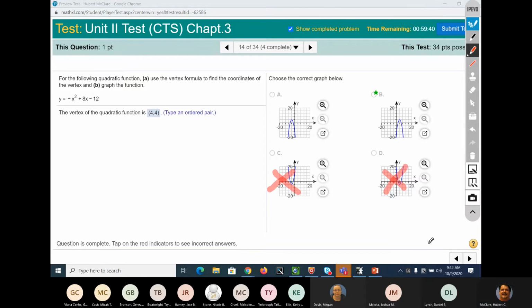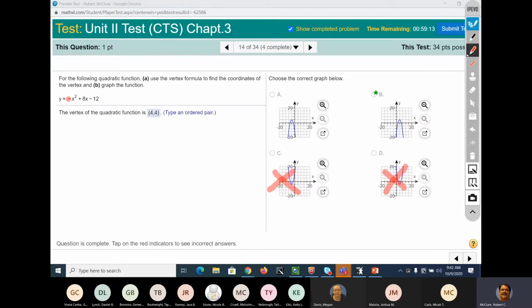Why? Because it has to open downward. It has to open downward because this negative tells you that it opens downward. The y-intercept is -12. But that doesn't tell you anything because that's -12 and that's -12. So you're going to have to get the vertex to find out which quadrant it's in.